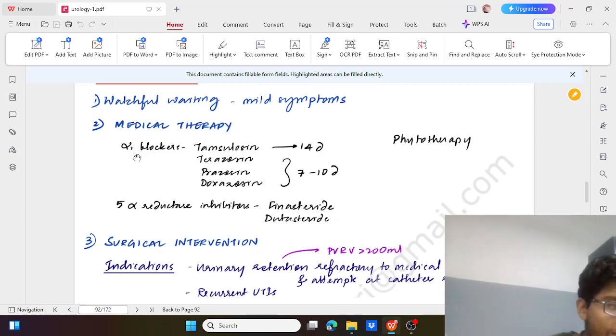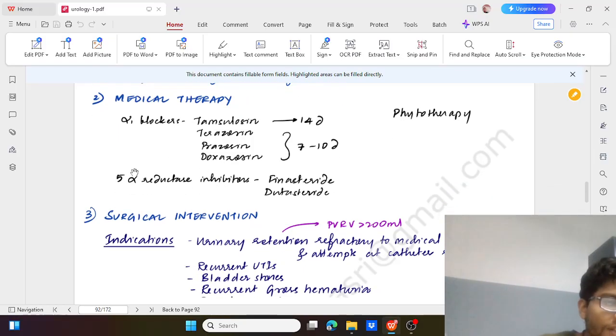So the prostate size will continue on increasing even when the patient is on an alpha 1 blocker. So it affects the dynamic component. That means the symptoms will improve, but the size will keep on increasing. Also, these alpha 1 blockers can be used in patients with PVD and scorpion bite.